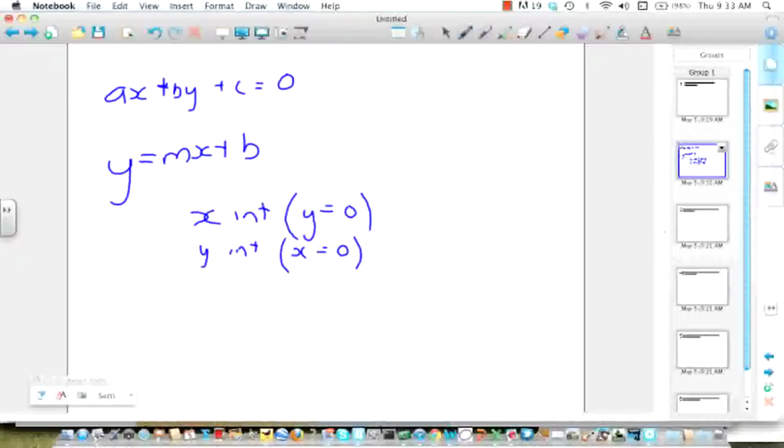Once you've got those 2 points, you can draw your straight line. The only time you can't is when it goes through the origin, in which case you find another point.